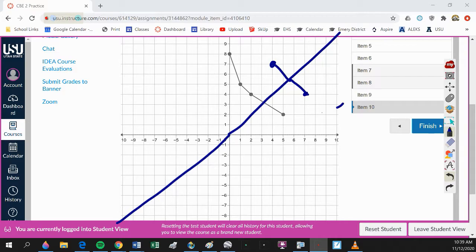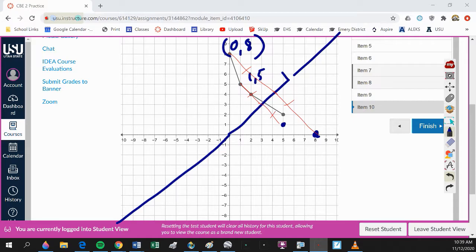Right? But we know that an inverse is just a flip of the x's and y's. So (0, 8) is going to be graphed (8, 0). And (1, 5) is going to be (5, 1). And you'll notice that those are just reflections. But you don't need to reflect. All you have to do is flip the x and the y and then regraph.